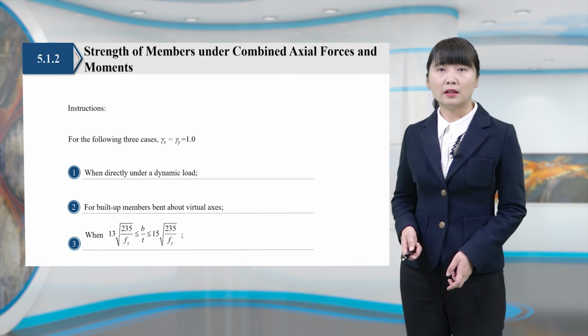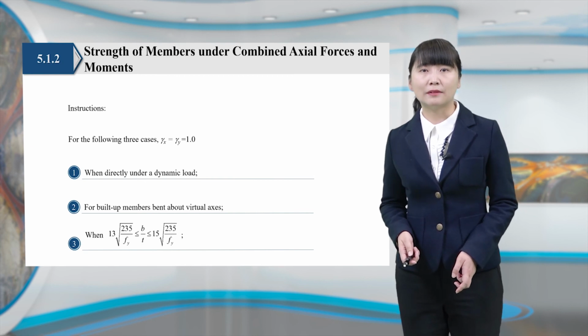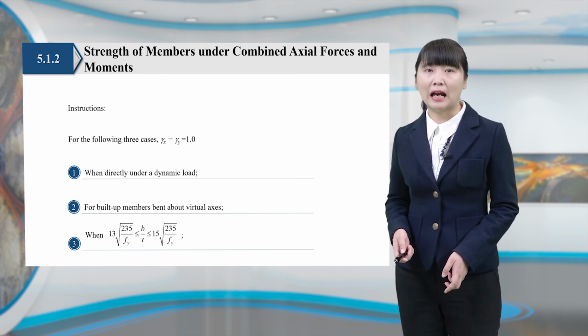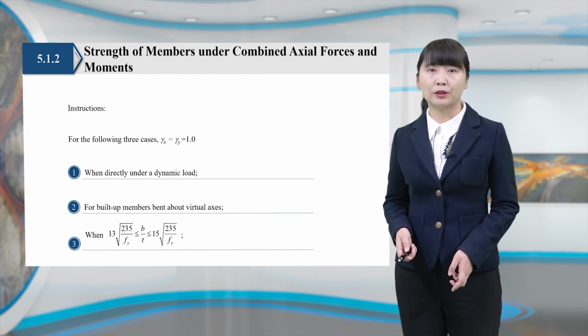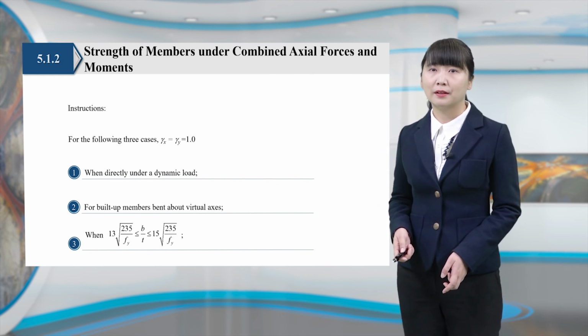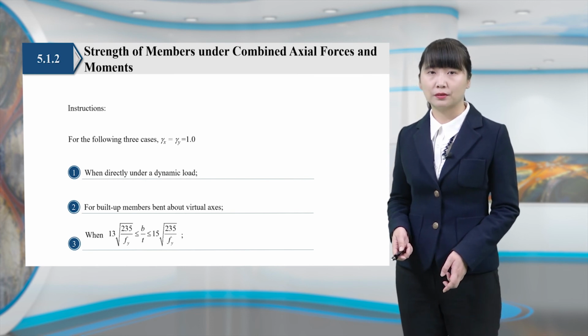Thirdly, when the compression flange width to thickness ratio is greater than or equal to 13 times the square root of the ratio of 235 to Fy, and is less than or equal to 15 times the square root of the ratio of 235 to Fy, the plastic development could not be considered.